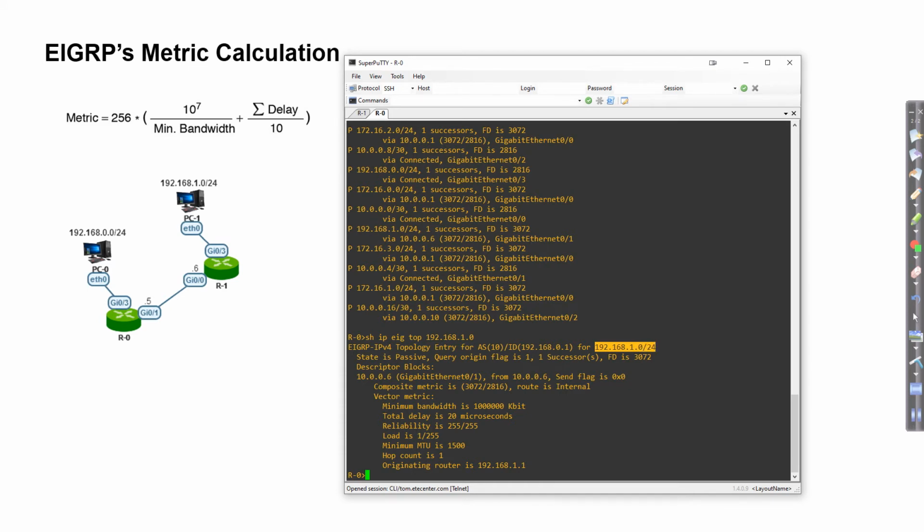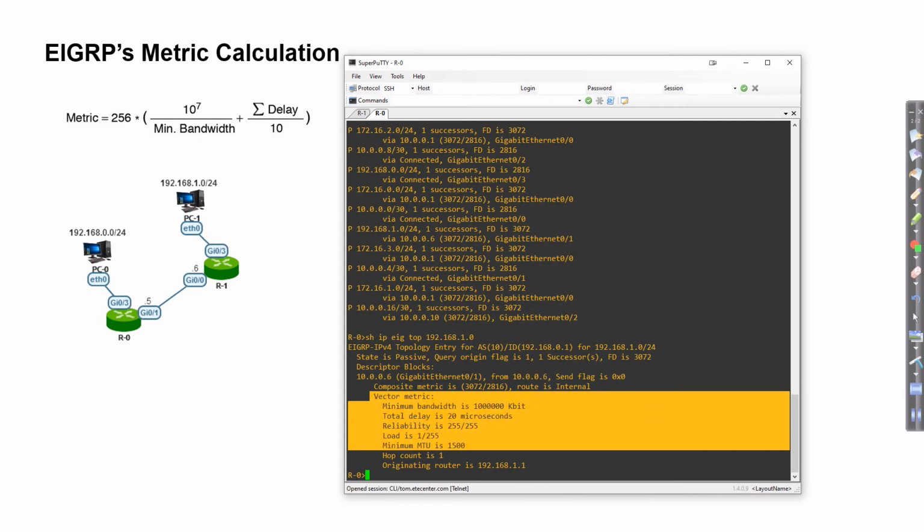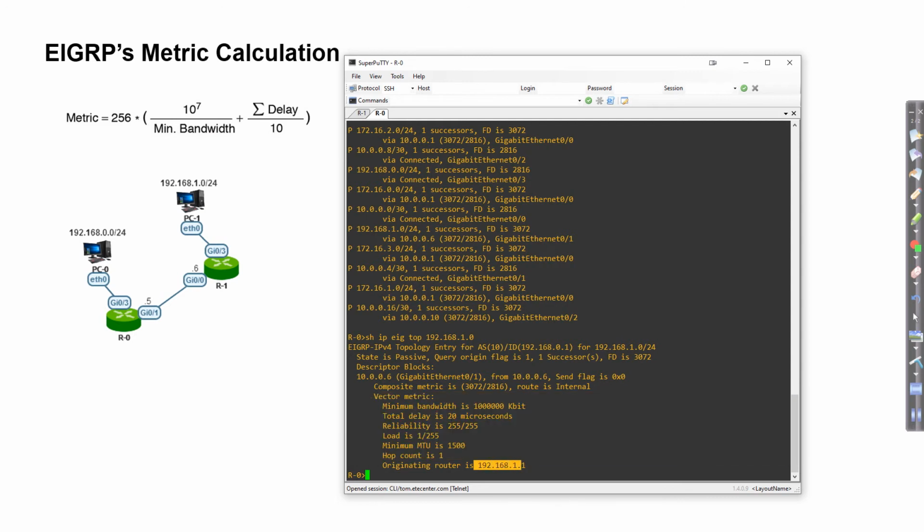The state for this network is passive, one successor. The feasible distance is 3072. I have learned that from 10.0.0.6, and here is all my vector metrics. And the router that sent me that information, the router ID is here. Now you can see the calculation for the metric for EIGRP is not too shabby.